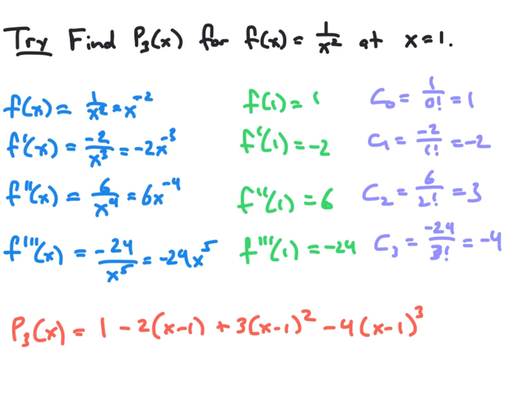And C sub 3 will be negative 24 divided by 3 factorial, which will give us negative 4. And this means that our Taylor polynomial P sub 3 of x is given by 1 minus 2 times x minus 1, plus 3 times x minus 1 squared, minus 4 times x minus 1 cubed.